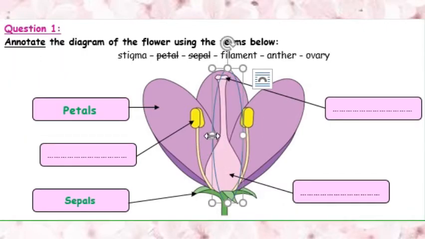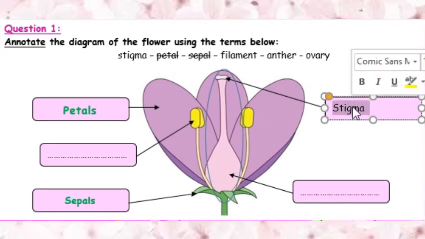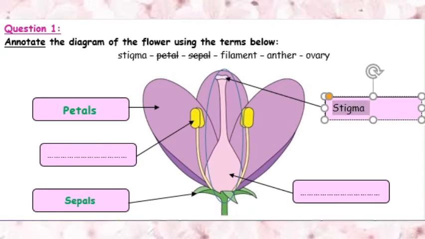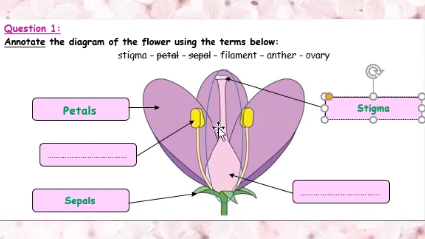The female part is made of 3 different parts. The head is called the stigma. This is a sticky head actually. Then we have a road between the stigma and this fat part down here.